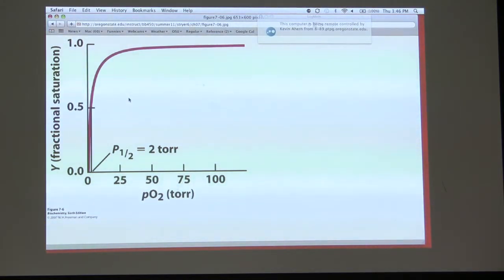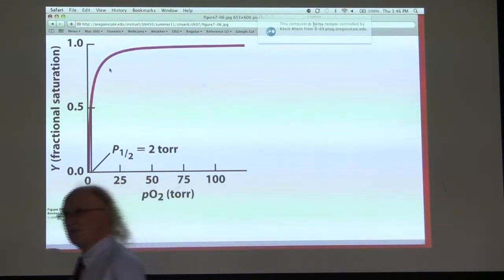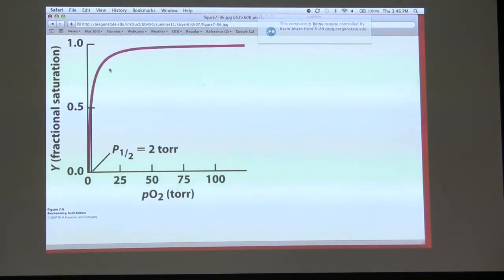What you can see very clearly is that as the oxygen concentration goes up, starting from 0, a very tiny amount of oxygen causes this to go boing. It goes up very quickly. What this tells us, first of all, is that myoglobin has tremendous affinity for oxygen. It really likes to grab it, and I've already told you that, so you probably say, okay, that's what you told us.